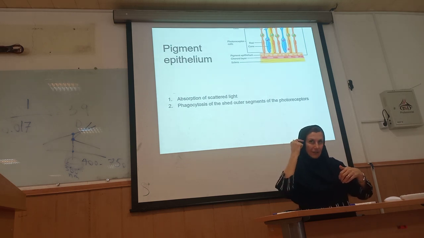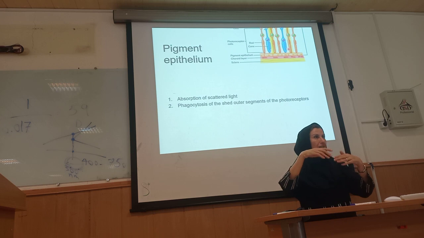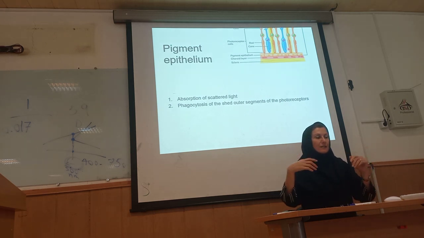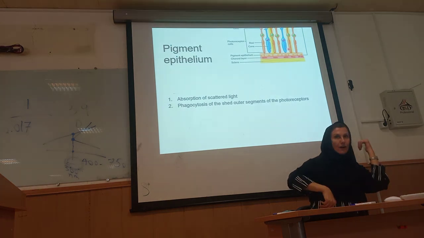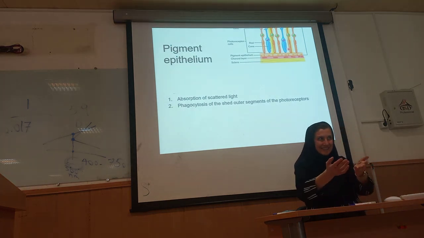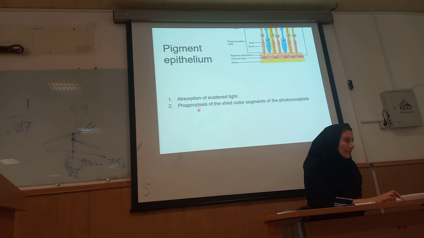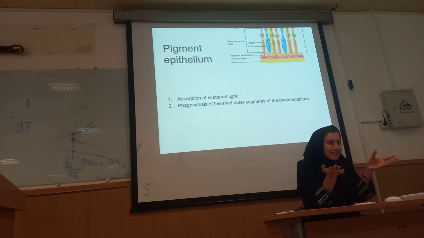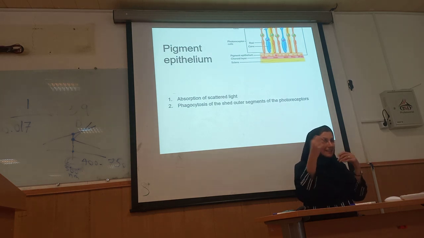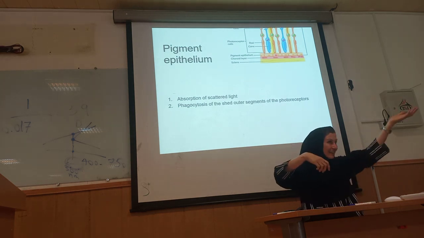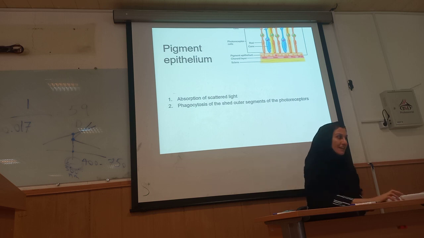I will speak about the rhodopsin, you may hear. And after that, the old one is shed. So the phagocytosis of the shed outer segments of photoreceptors is very important here, because here should be clean. If there is some particle here, they can reflect light that reaches here.